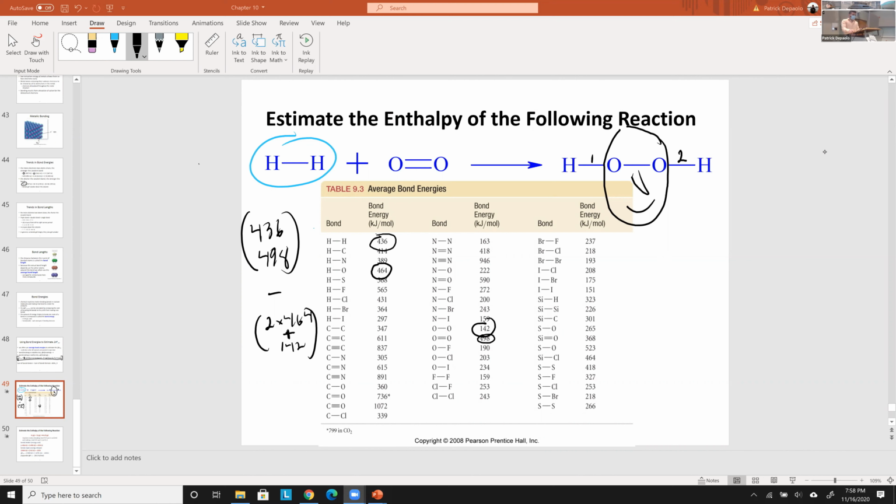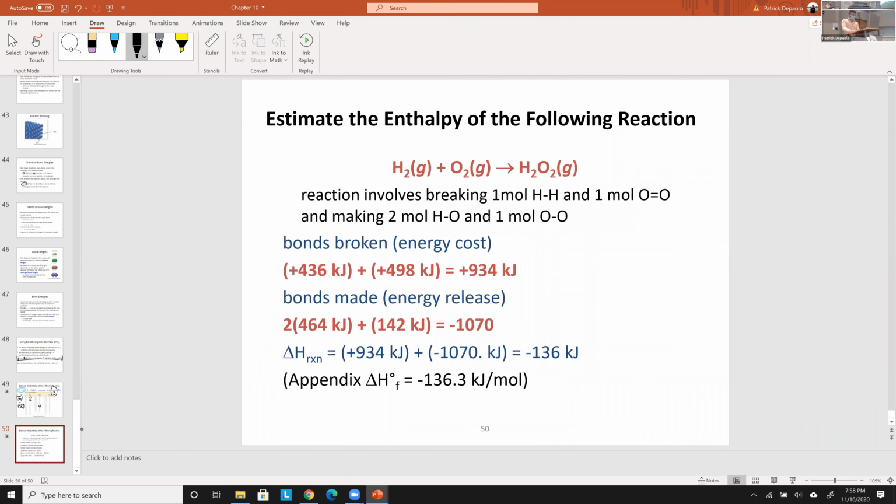Then we do the math and we get negative 136. That's how much energy is released when you form those bonds, because the bonds are favorable. So we're releasing energy from the initial starting material.